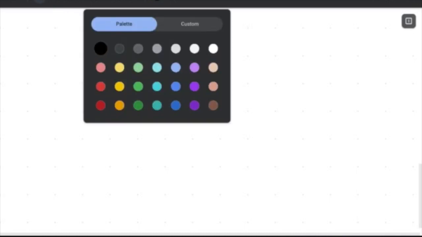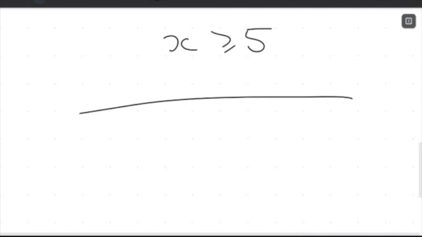Now let's look at how we could show this information on a number line, because this is how we're going to be using it in the future. So if I wanted to show x is greater than or equal to 5, I draw a number line, and I've got 4, 5, 6, 7, 8, 9.